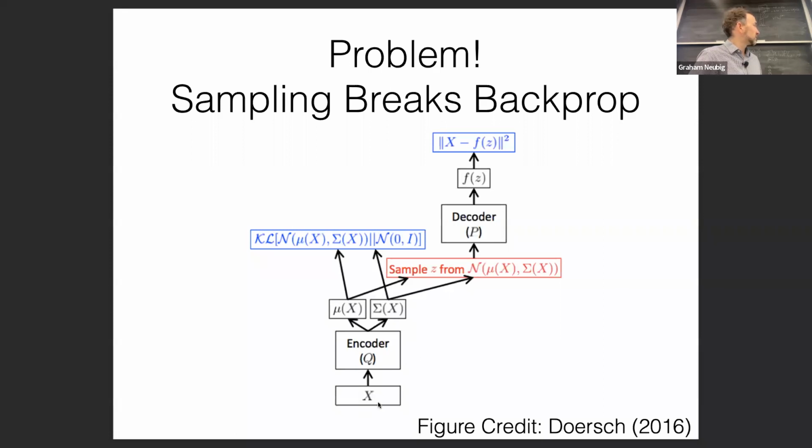The reason is that we have an encoder, or inference network, that predicts the mean and the variance of the posterior probability distribution over the latent variables. Then we could sample multiple examples from this distribution and use that to train the decoder network.